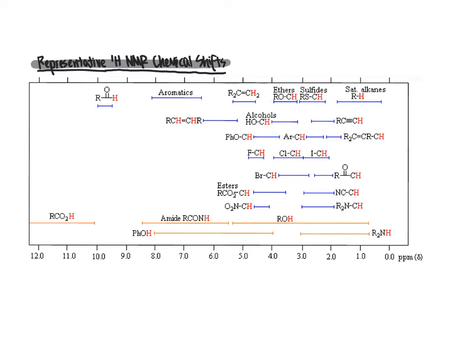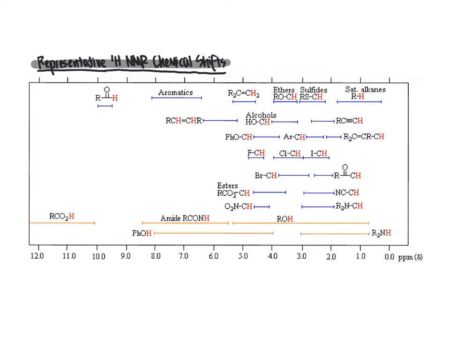What this chart shows, which by the way is available in your packet of information that goes along with NMR, is representative proton NMR chemical shifts. In other words, based on empirical data, from experiments done over many years, what approximate range do we expect to see protons in different chemical environments show up in, where we define the chemical environment as how shielded or deshielded a particular proton is from a magnetic field.